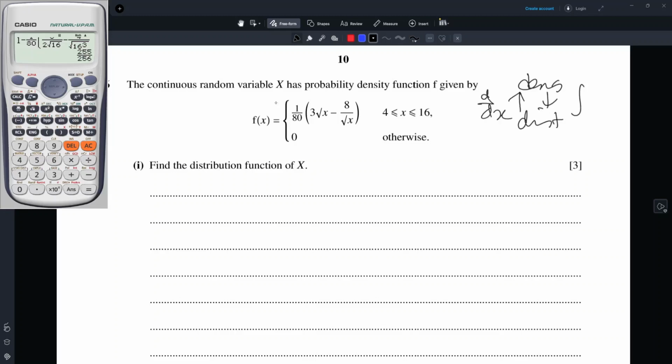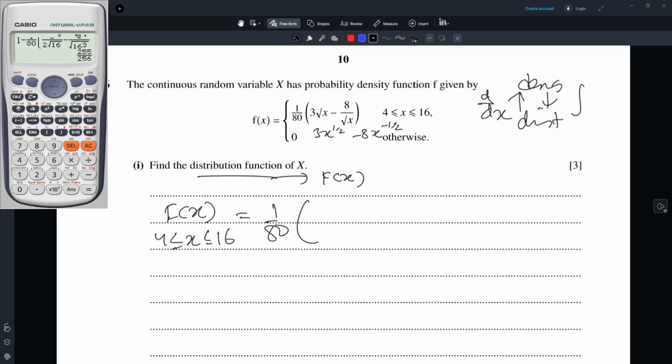So the way we write this is that this is f of x. For the distribution function, I write down capital F of x, or cumulative distribution function. All right. So I have to integrate this with respect to x, and I also need a plus c at the end. So F of x for 4 to 16 equals 1 by 80 times 3x to the power half minus 8x to the power minus half.